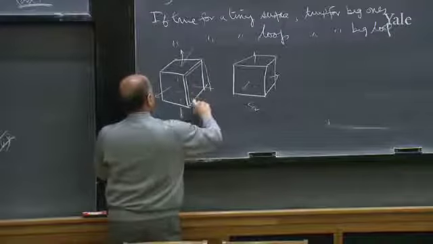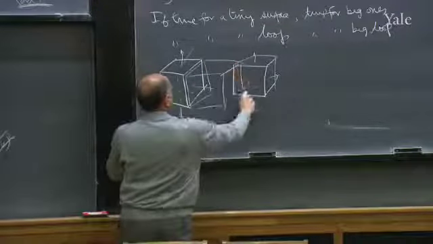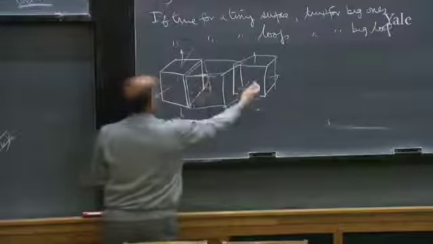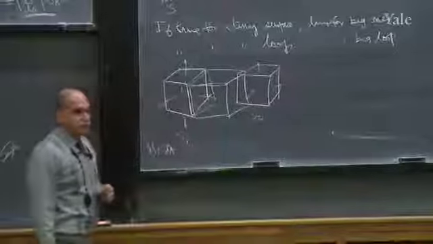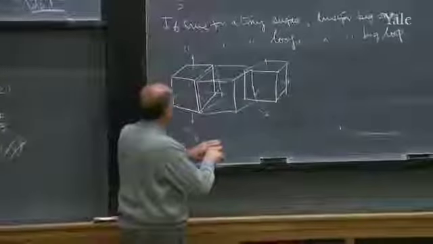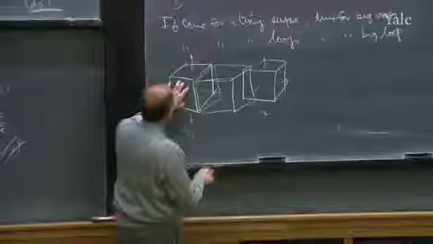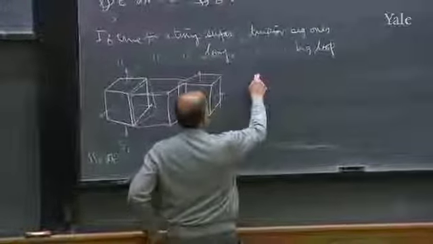You glue this common face. Bring that surface over and glue them with that face common to both. Then I claim that the surface integral on this one plus the surface integral on that one is the surface integral on the union of the two.